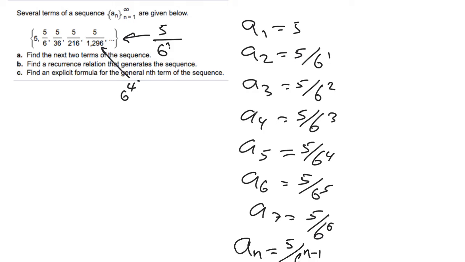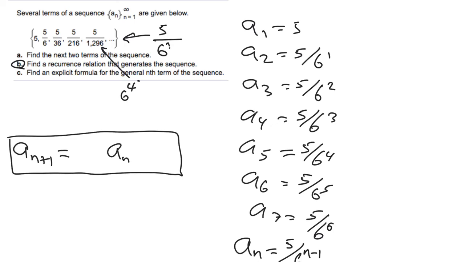So we've been able to do A and C. The one we don't have yet is B, which asks us to find a recurrence relation that generates the sequence. A recurrence relation, remember, is a way of expressing how one term is related to a previous term. Recurrence relations always have this form where we're asking about a term in terms of previous terms in the sequence. That is just the pattern from one of these to the next. To go from here to here, you're multiplying by a sixth.